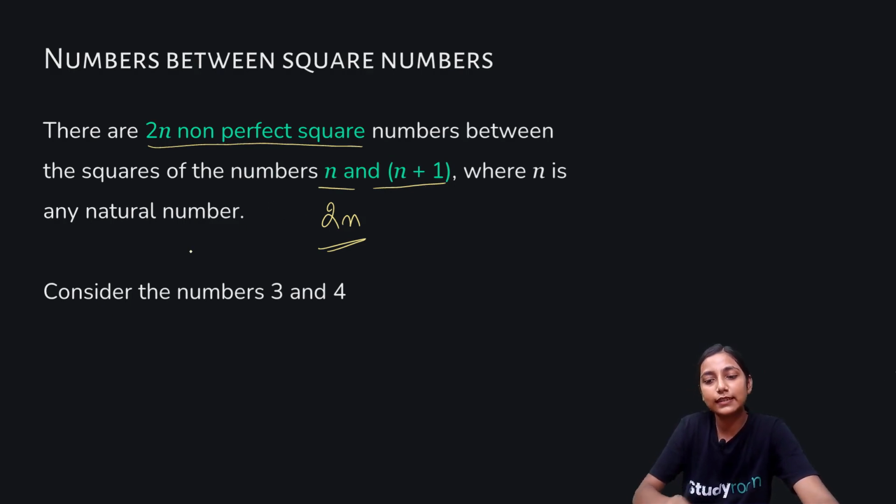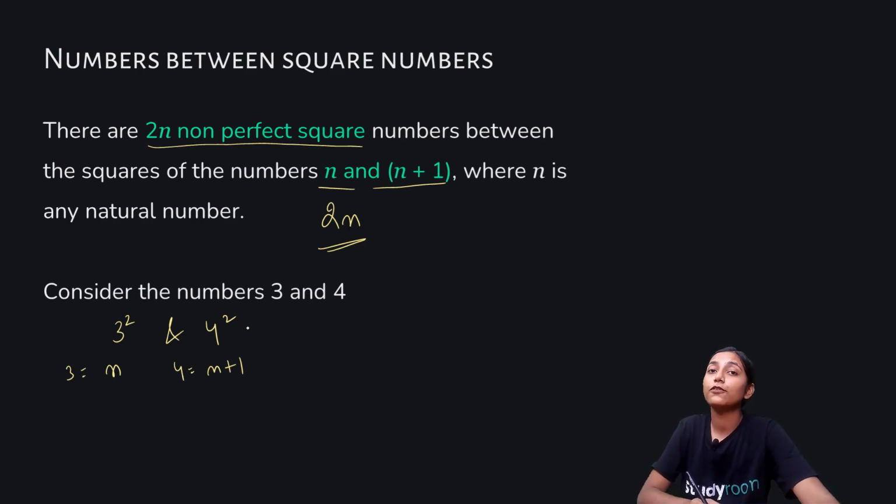So we are going to consider this example. We have to find the number of non-perfect square numbers that lie between the squares of 3 and 4, that is, between 3 square and 4 square. First of all, let's use this formula and then I'll check by calculation. 3 is our n and 4 is our n plus 1.